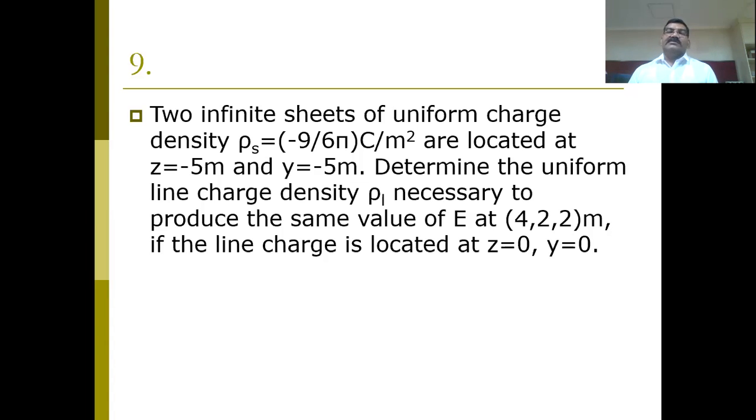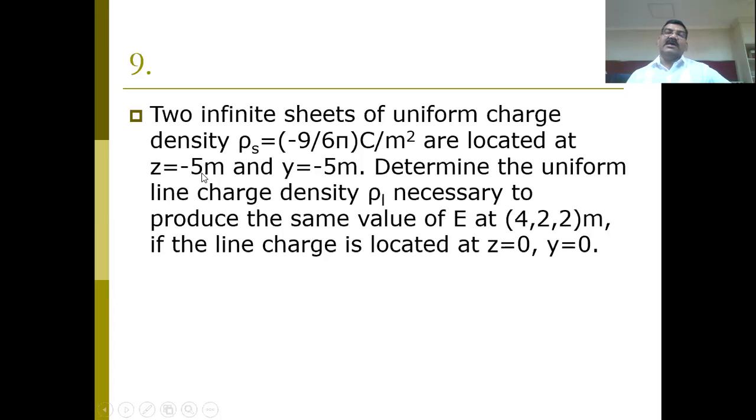A little bit of a twist. Initially you were asked to find E, but here rho S is given. Two infinite sheets of uniform charge density rho S are located at, now these are the two uniform sheet charges.